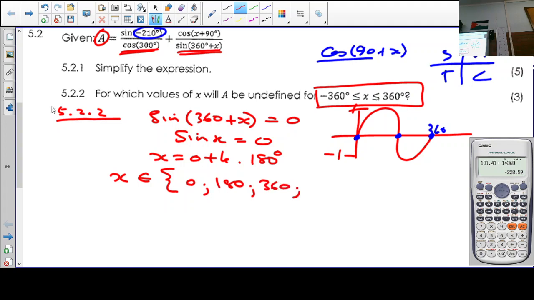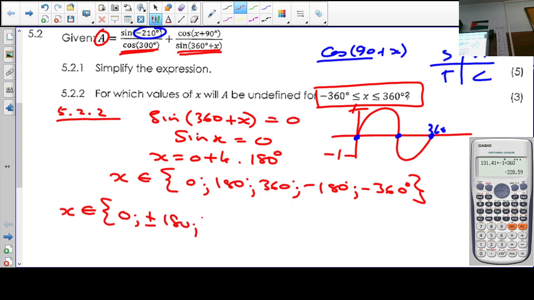K is 3 is going to give you 540. It's outside. Okay, now we go minus 1. It's negative 180, minus 2, negative 360. And that is your solution. Otherwise, you could have written it x is an element of 0, plus minus 180, plus minus 360, which is the same as we have there. Okay? You will agree with that?